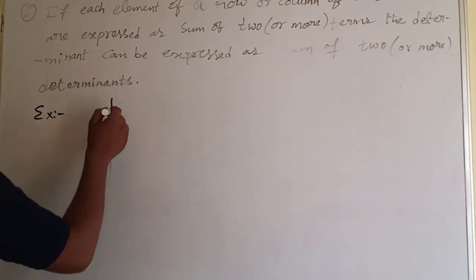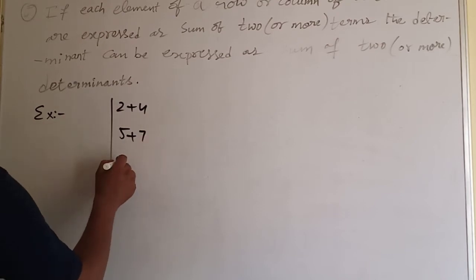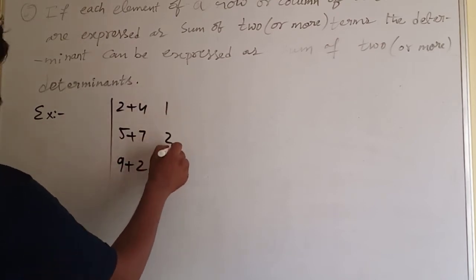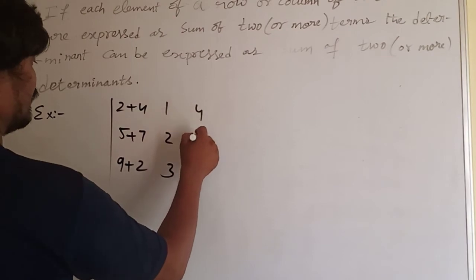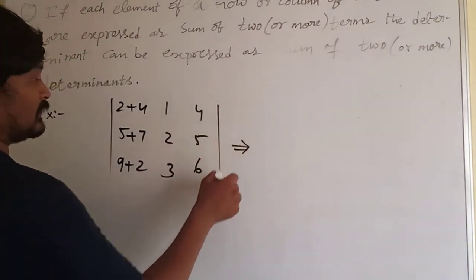Here it is like 2 plus 4, 5 plus 7, 9 plus 2, then 1, 2, 3, 4, 5, 6. Like this, a determinant is there. Then we can write this determinant as a sum of 2 determinants.